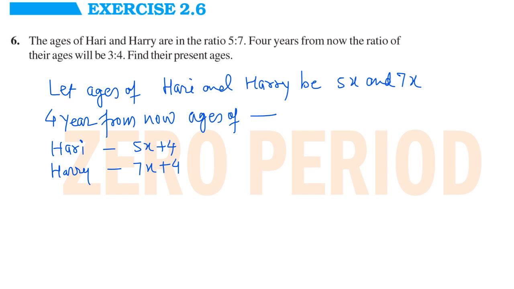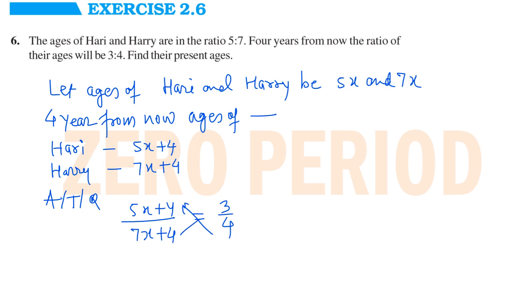The condition said after 4 years their ratio of their ages will be 3:4. So according to condition, 5x plus 4 upon 7x plus 4 is equal to 3 upon 4, and then follow the same way which we did for the last question solution.